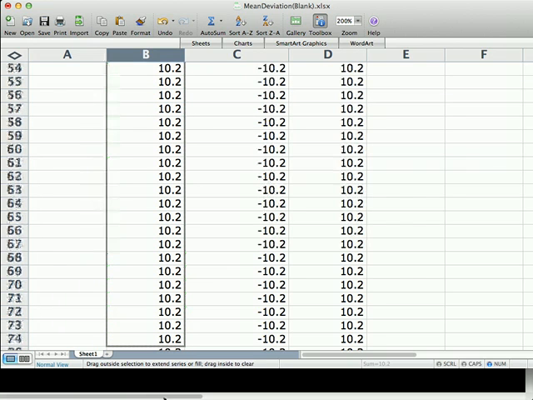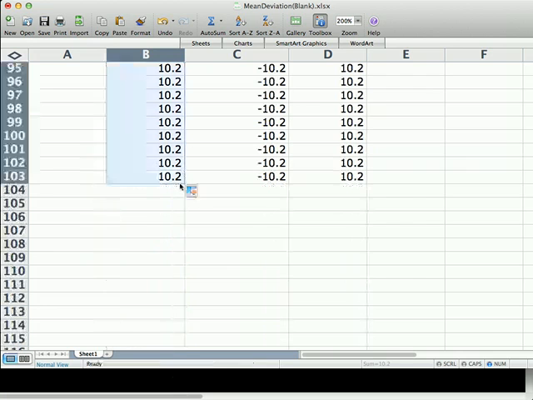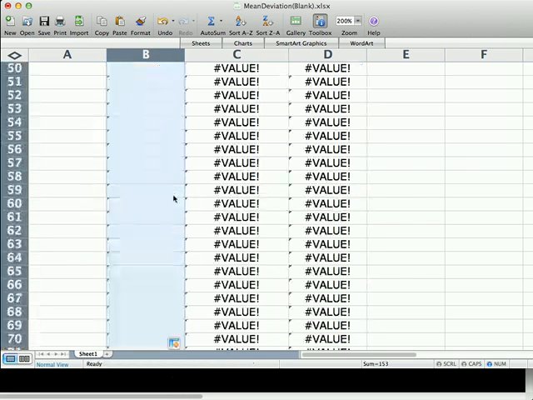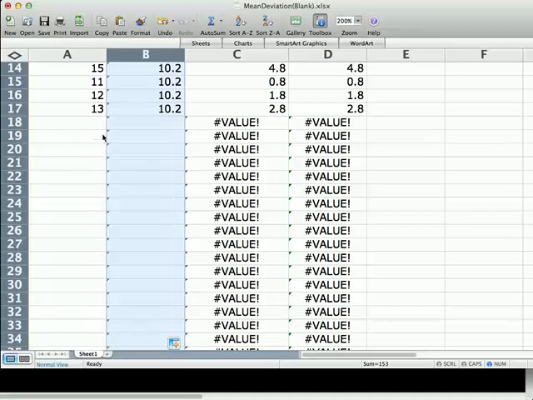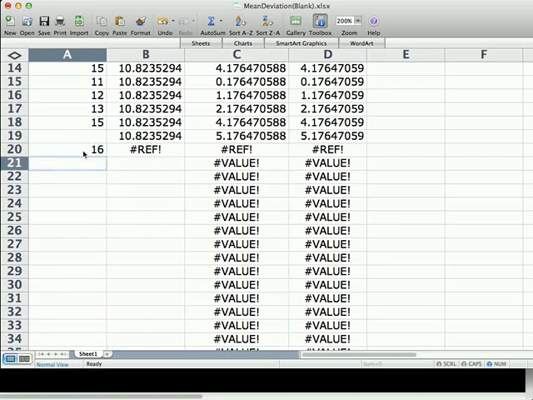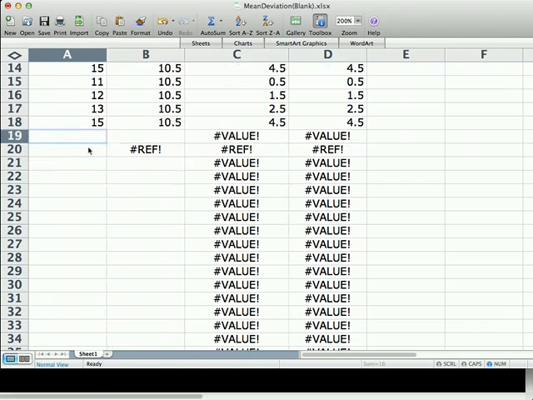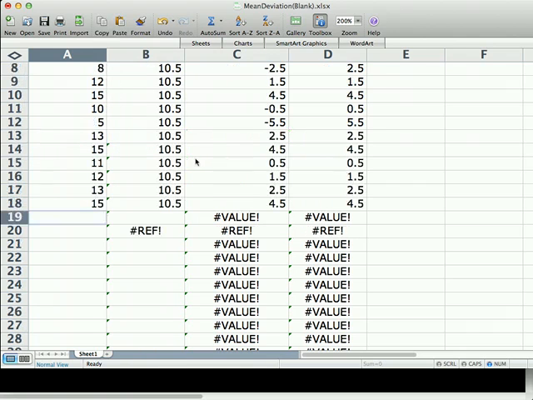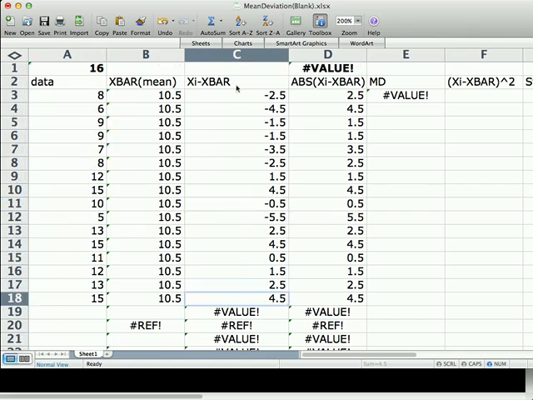Commas separate different logical things. So notice that anytime the cell to the left of it is blank, it returns a blank. So now if I add 15, it'll give me a value there. That one, it doesn't like the fact that I had a skip. It's yelling at the ref. So I'm going to have some if statements on all of these columns that'll fix things for us.